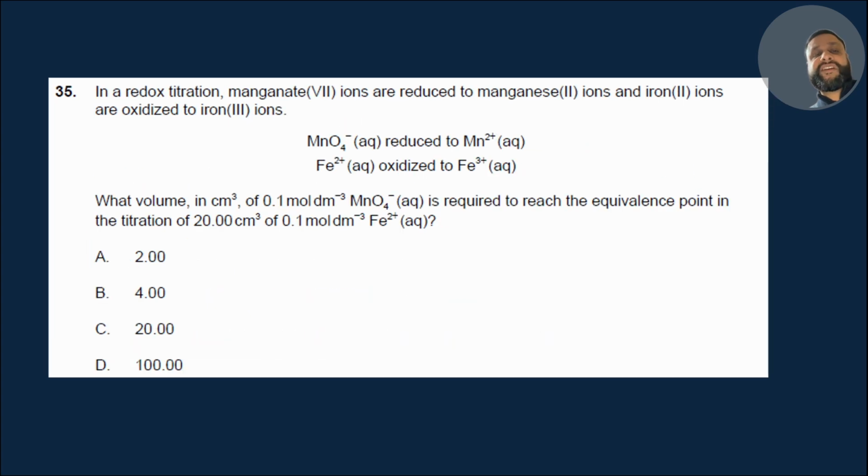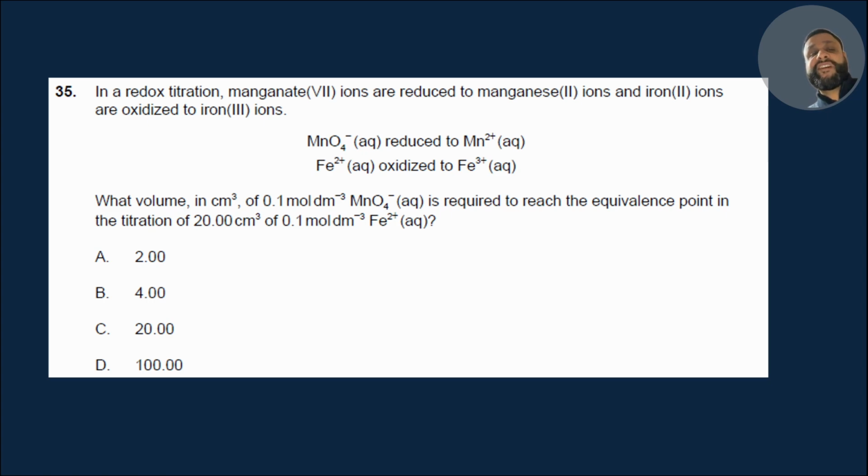In a redox titration, manganese 7 ions are reduced to manganese 2 ions, and iron 2 ions are oxidized to iron 3 ions. What volume in cm³ of 0.1 mol per dm³ MnO4- is required to reach the equivalence point in the titration of 20 cm³ of 0.1 mol per dm³ Fe2+?